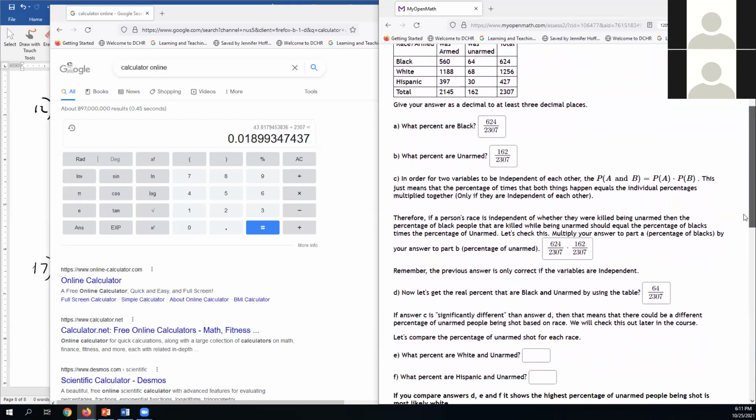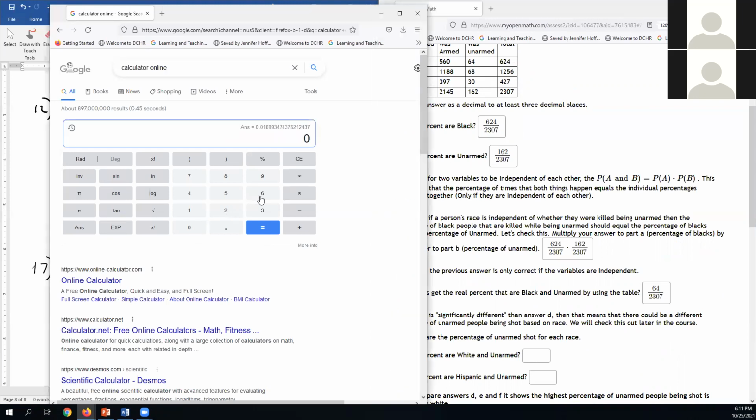Now, are these two things equal to each other? So you can see right here, if they were independent of each other, in terms of percentage, it would be 1.899%. But the real answer is 64 out of 2307.